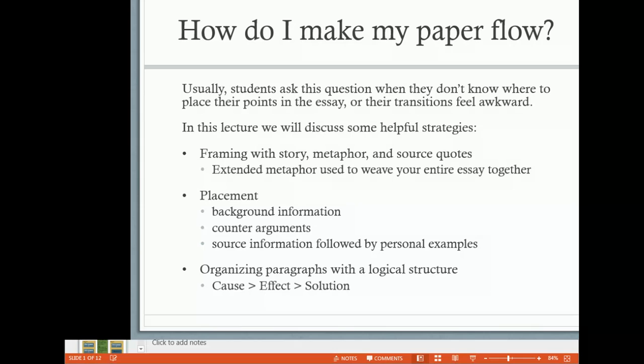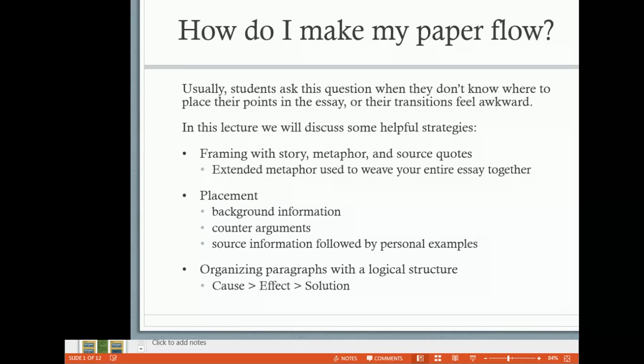So, we're going to be looking at some strategies of framing, how to use metaphor to help hold your paper together and give it some structure. We're also just going to talk about some of the basics about where you can put background information, where to put counter arguments, where should you use personal examples in an essay that's mostly about research.